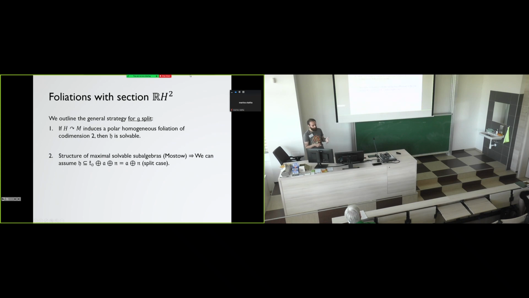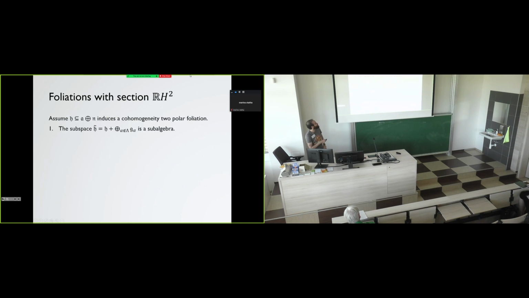So in this setting, we have reduced the original problem to determining all codimension 2 subalgebras of the solvable part which satisfy the algebraic characterizations given here. So now the problem is to determine the H's in this manner.